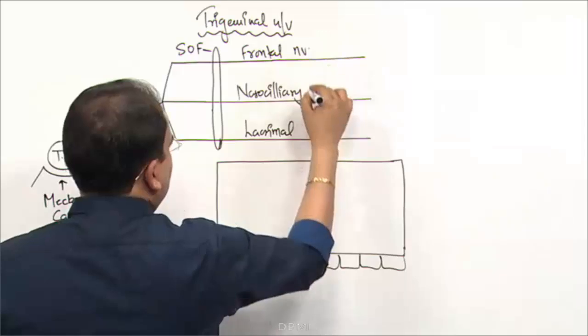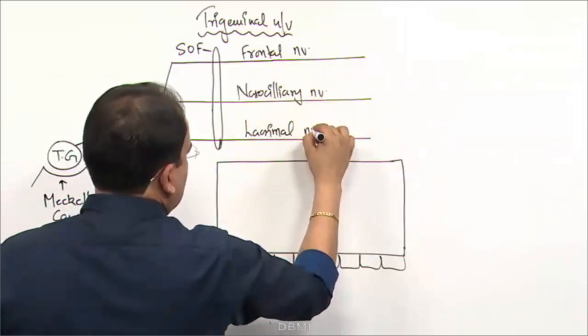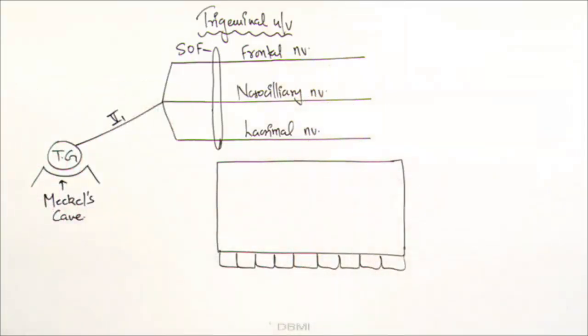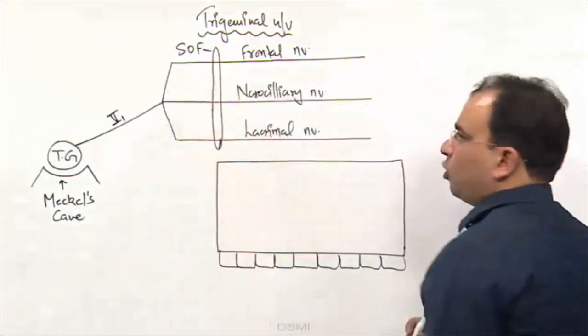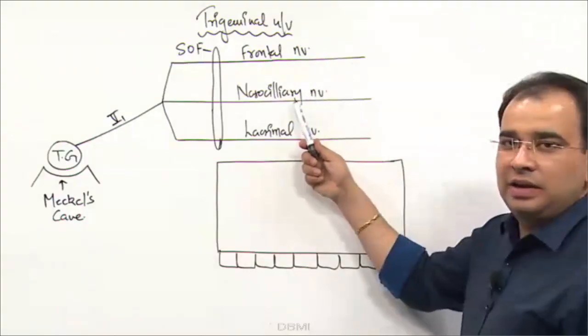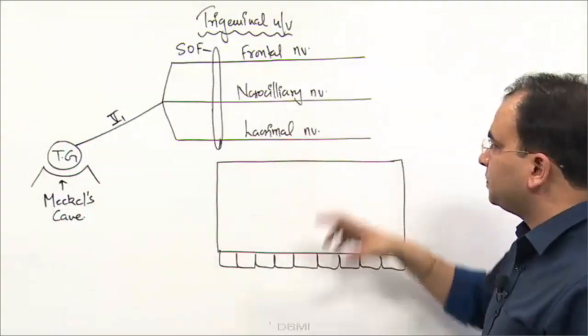The frontal nerve, nasociliary nerve, and lacrimal nerve. So ophthalmic nerve, before entering into superior orbital fissure, divides into frontal, nasociliary, and lacrimal nerve.